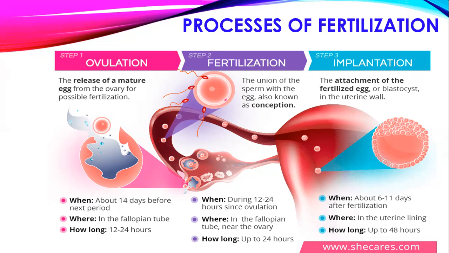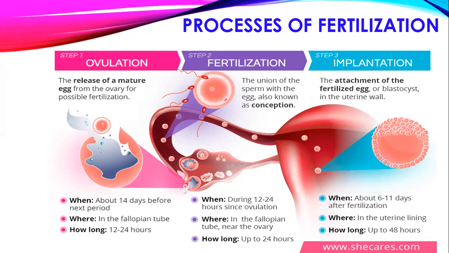Eventually, one of the eggs erupts from the follicle. That process is called ovulation. It usually happens about 2 weeks before the next menstrual period. After the egg leaves, the follicle develops into the corpus luteum. The corpus luteum releases a hormone that helps thicken the lining of the uterus, getting it ready for the egg.